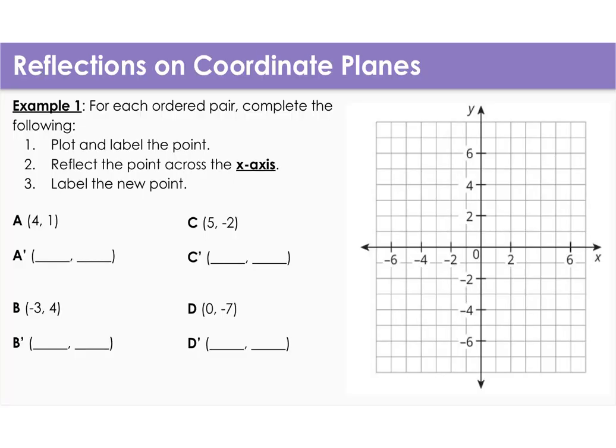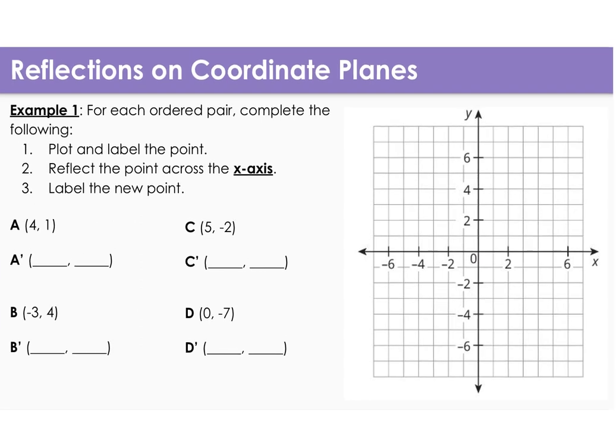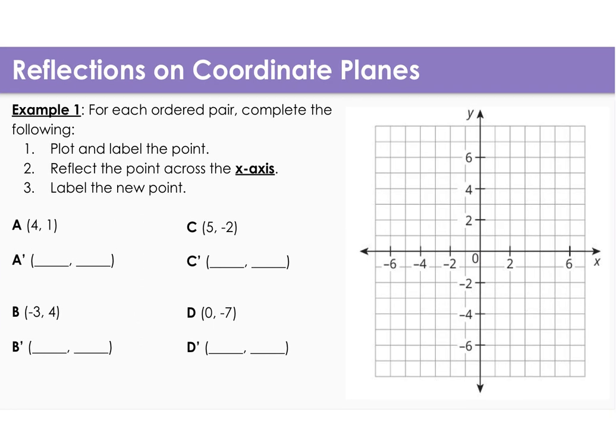Okay, so for each ordered pair, we're going to do the following. Plot and label the point, reflect the point across the x-axis, and label the new point. So let's do one. Is 4, 1. And that's A. Now we're going to reflect this across the x-axis.